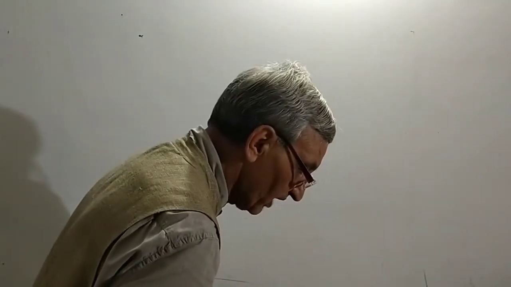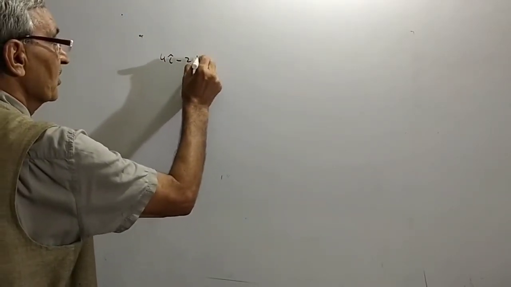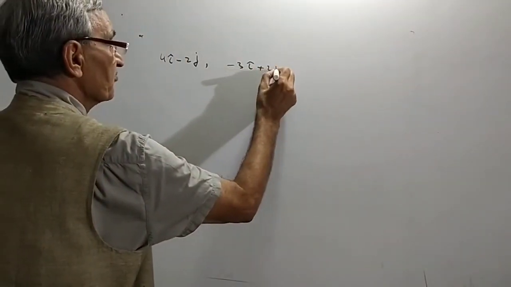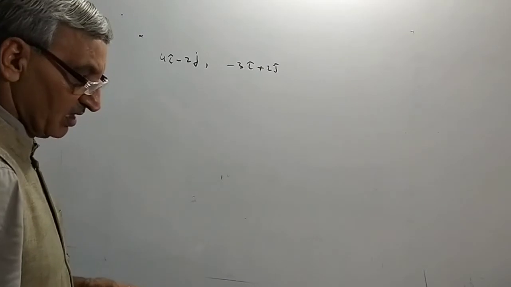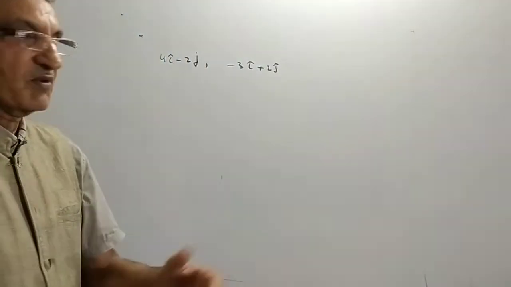Find the unit vector perpendicular to 4i minus 2j and minus 3i plus 2j. Find a unit vector which is perpendicular to these.